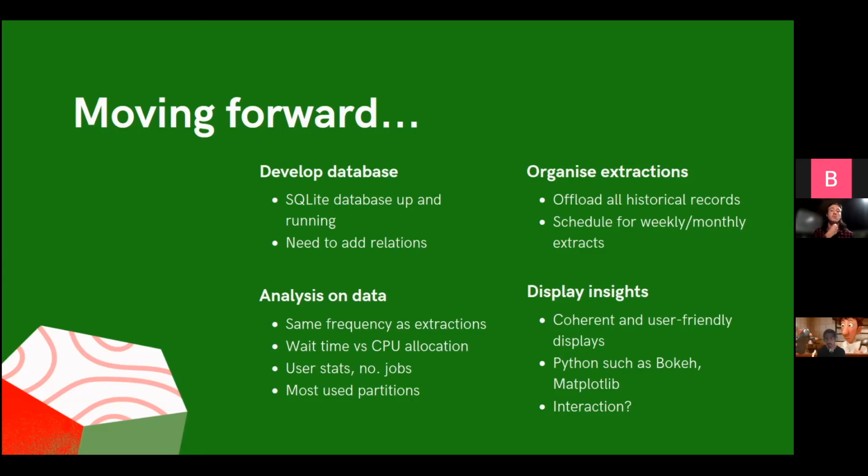The extractions need to be organized. Like Mitch was mentioning, we've only got 700,000 at the moment, but starting to offload all the historical data on the Slurm warehouse would be great. Then comes the analysis and display parts.